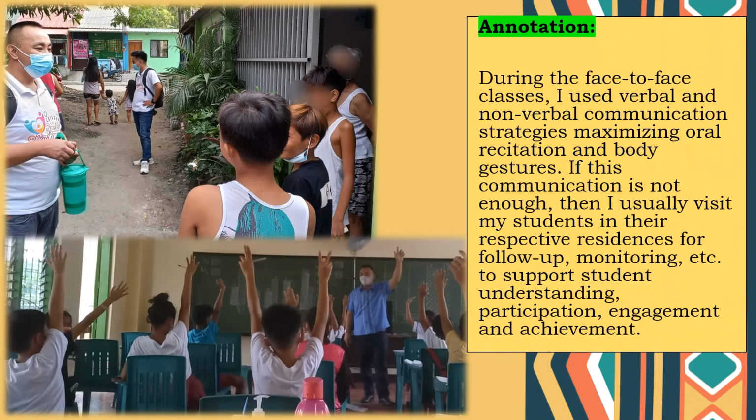It is complemented in this picture that during the face-to-face classes, I use verbal and non-verbal communication strategies, maximizing oral recitation and body gestures. If this communication is not enough, then I usually visit my students in their respective residences for follow-up, monitoring, etc. to support student understanding, participation, engagement, and achievement.